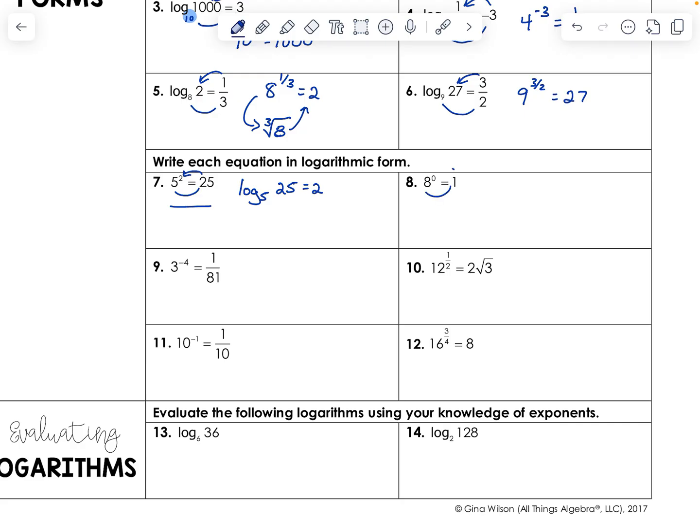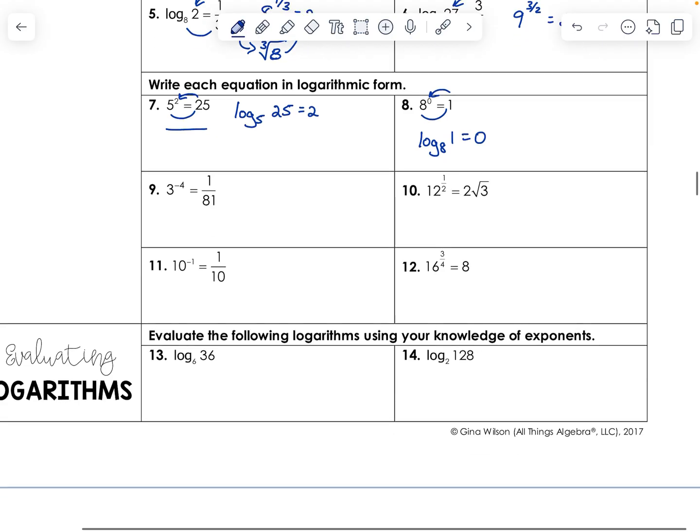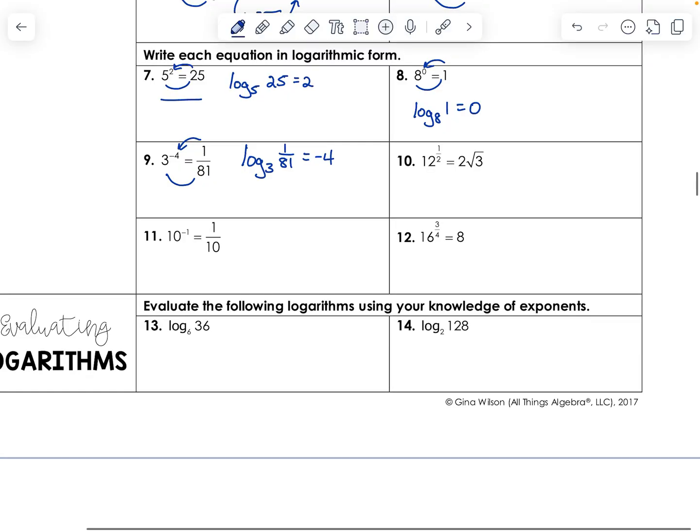So I'm going to swirl. Log base 8 of 1 equals 0. Swirl it around. Log base 3 of 1 over 81 equals -4. You could pause the video, try 10 through 12, and double check it with my answers here in a second.